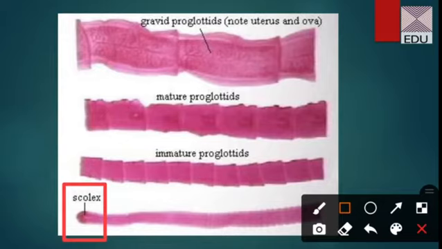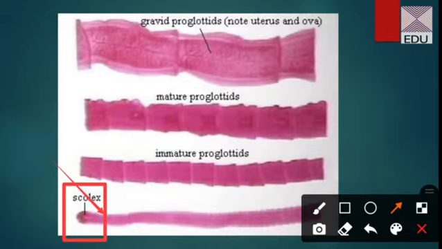Then we had a small neck. So here we have the neck, which is a single segment structure, also called the zone of division, zone of multiplication. In the previous lecture we had discussed that this neck results in the formation of different proglottid types. So this neck is responsible for the formation of the whole body of TAENIA solium.